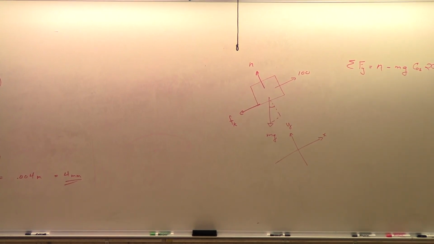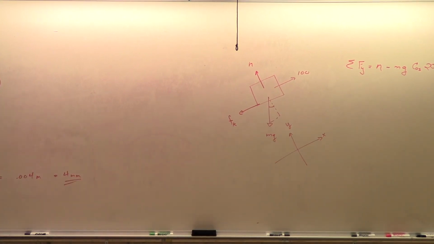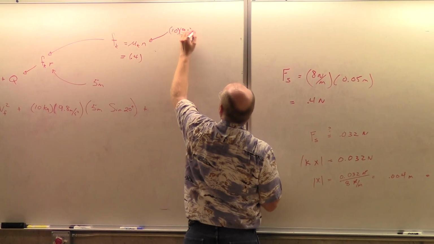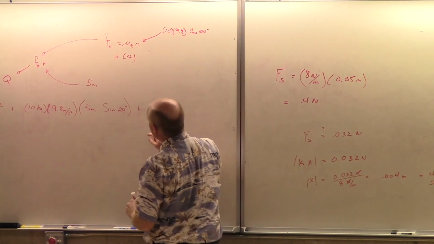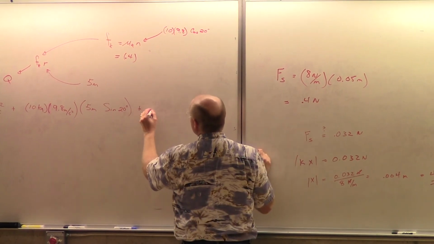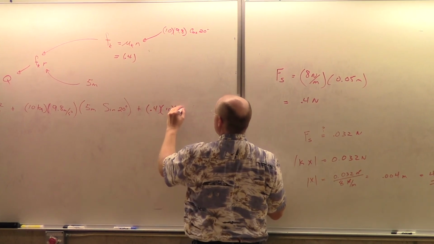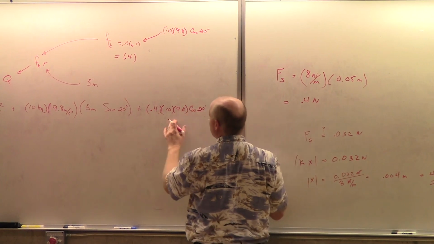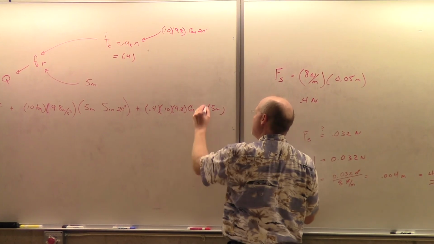So knowing that, I can write this as 10 kilograms times 9.8 times cosine of 20 degrees. So putting all that together, your heat is the coefficient of friction times mg times cosine of 20 degrees, so there's the force of friction, times a distance of 5 meters.